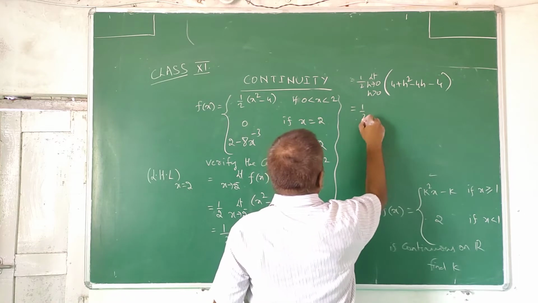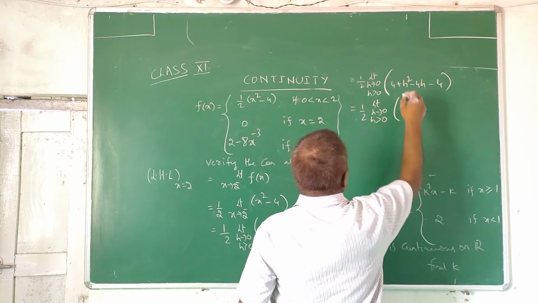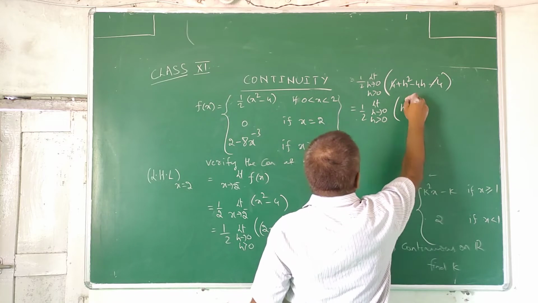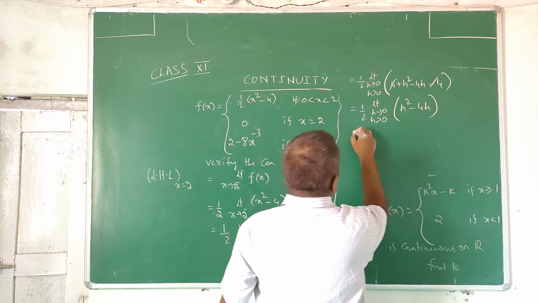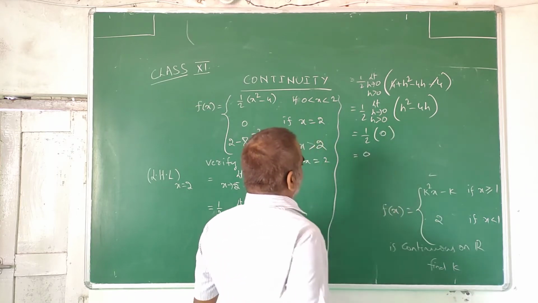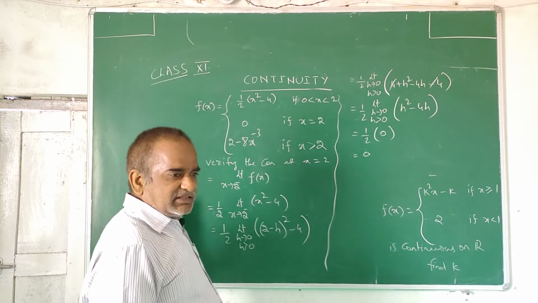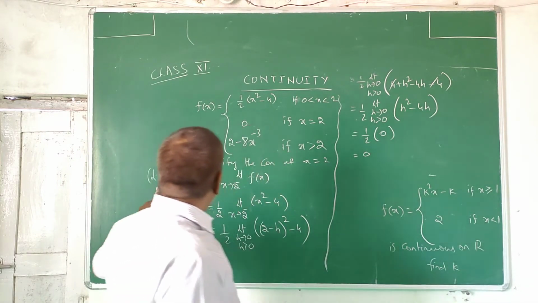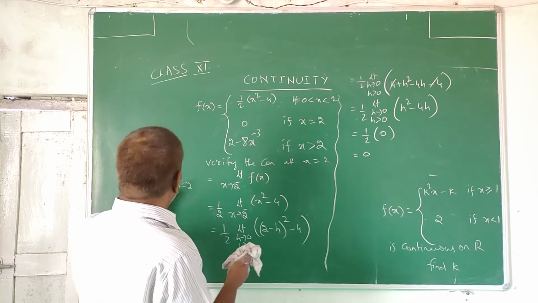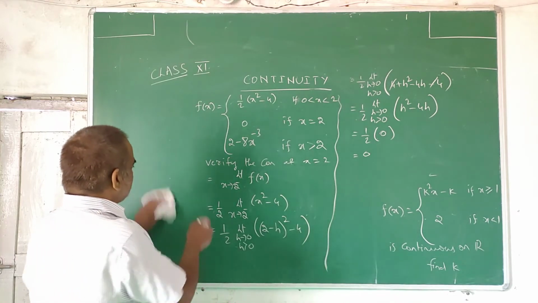The plus 4 and minus 4 get cancelled. So h square minus 4h, and half into that, if you put 0 you get 0. Please remember, the left hand limit at x is equal to 2 is 0. Now let us find the RHL at x is equal to 2.